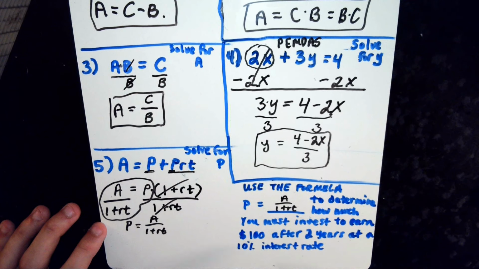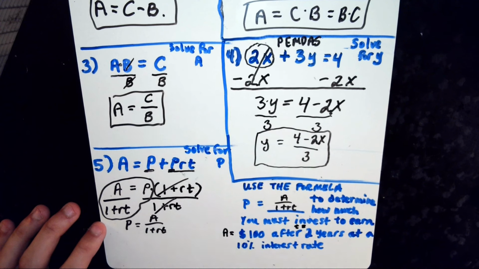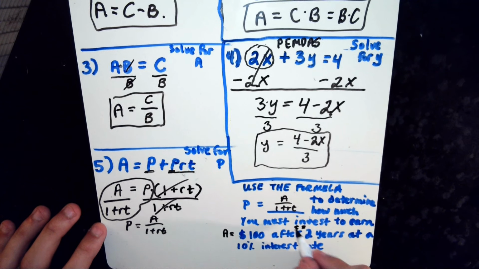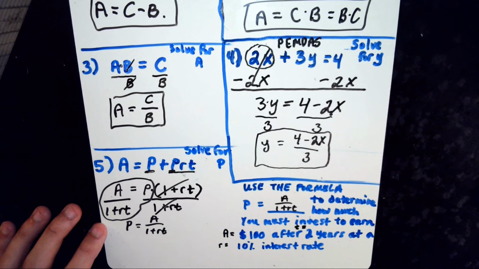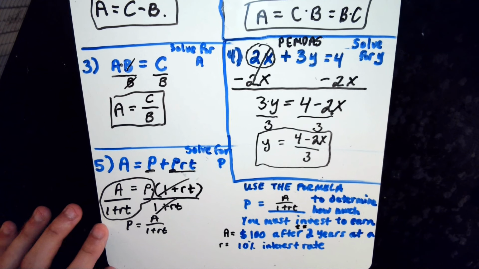So this sounds like a lot, but A is 100, t is 2 years, and then little r is the interest rate of 10%, or as a decimal, 0.1.